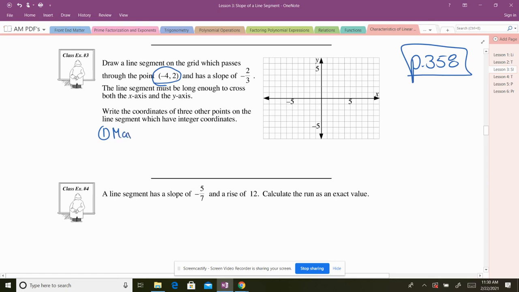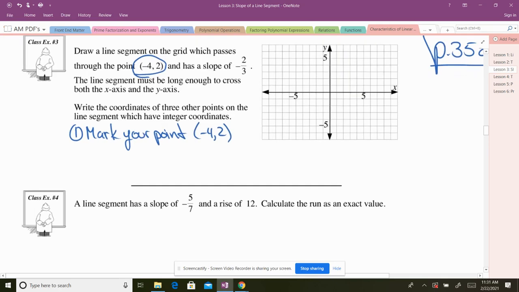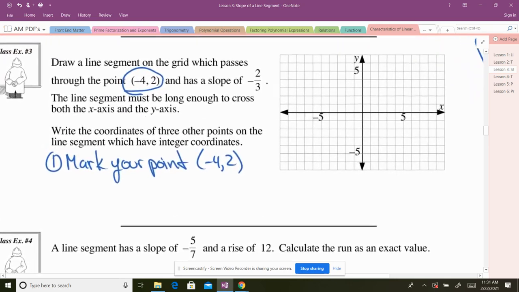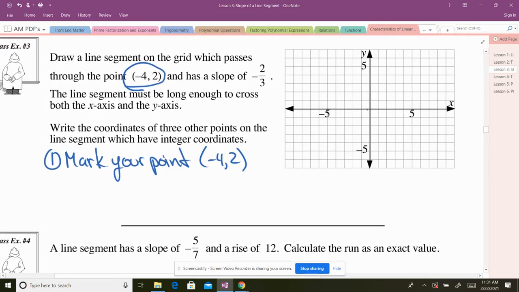So, 2 steps to do this. 1, mark your point. So in this case, that is -4 and 2. So we go to the grid, and we mark out -4 and 2. So -4 and up to 2, there's our point.